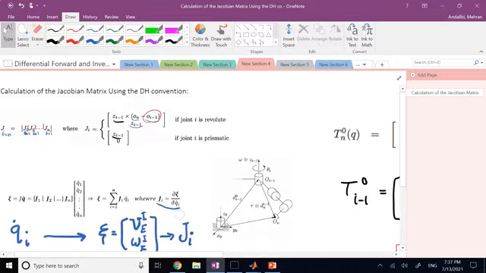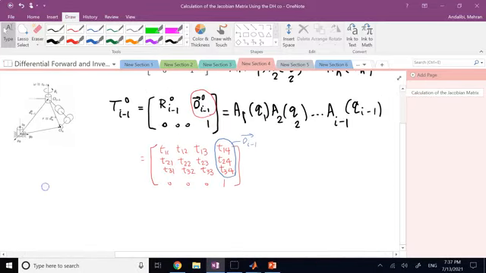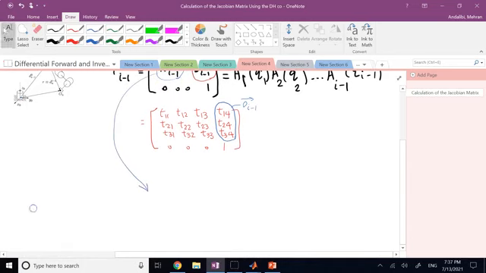What about Z_{i-1}? Well, if you remember, these 9 numbers, or these 3 columns, are this rotation matrix. And what was the definition of the rotation matrix? It is x of frame i-1 dot x of 0, then x dot y of 0, and then x dot z of 0, correct?